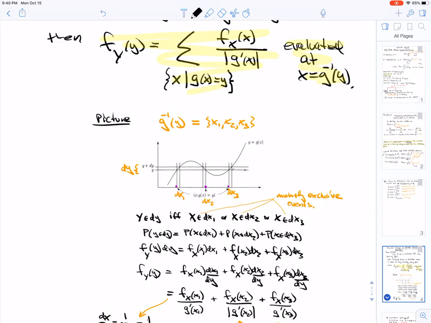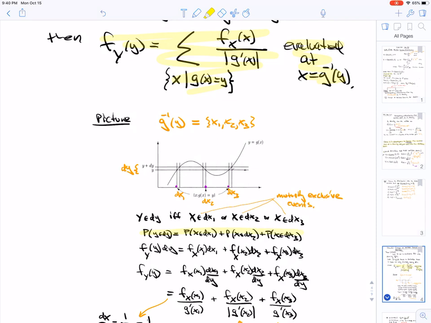So we have 3 x's that all map to the same y, and y is in dy if and only if x is in dx1, or x is in dx2, or x is in dx3, and these are all mutually exclusive events, so the probabilities add just by the addition rule. And from this important formula that I'll highlight here, everything follows.